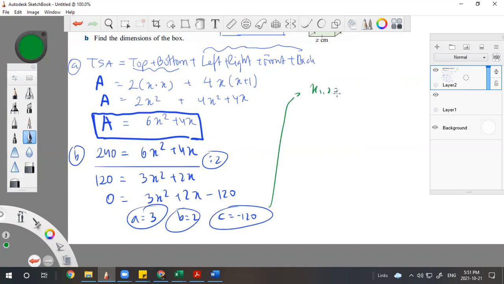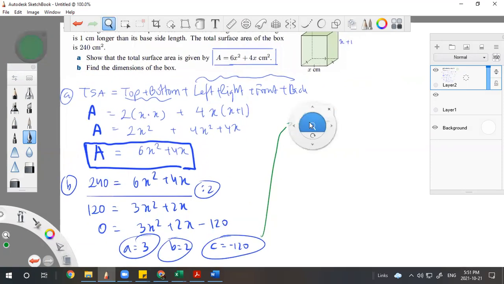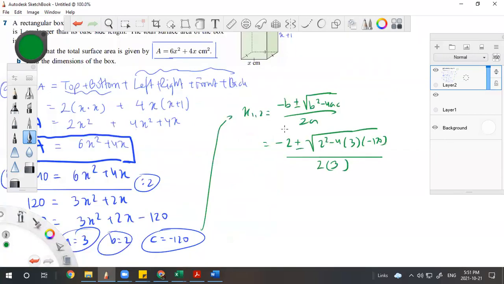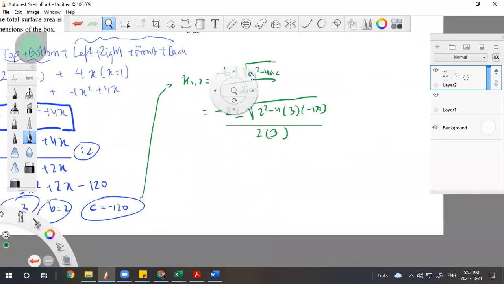So x1, x2, don't pick the negative one because x is always positive, because it's the length, right? Minus b, I rewrite the formula. So minus 2 plus minus square root of 2 squared minus 4 times 3 times negative 120. Wow, so annoying, but again, it has to be done.